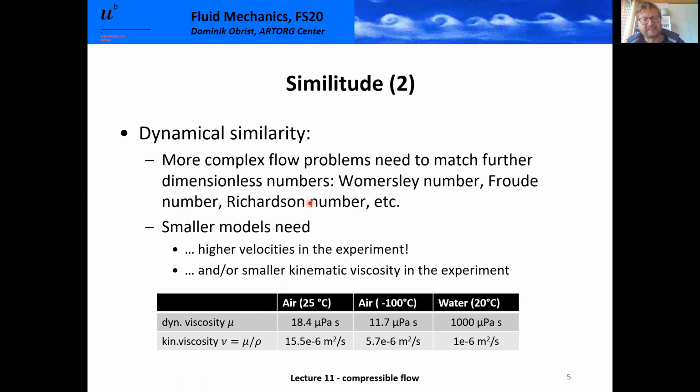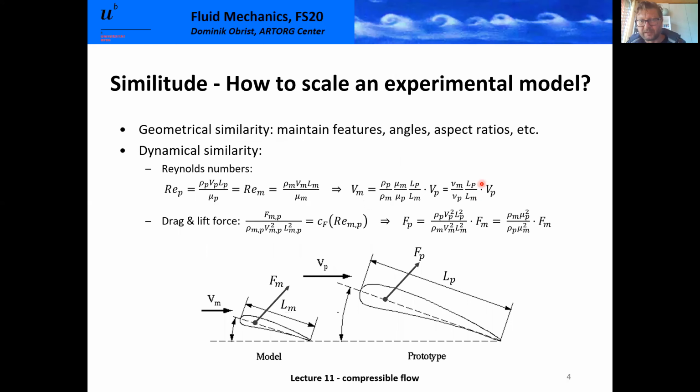In general, we can say, and this is what it says here, if we want to make the model smaller, that's what you typically want to do with a large aircraft, let's say a car, you want to make it smaller. If we have a smaller model, we usually need higher velocities. That was this formula here.